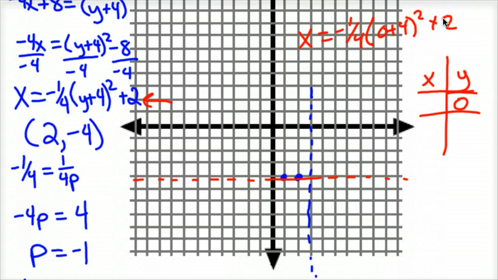Well, that'd be 16. 16 times a negative 1/4 is negative 4, plus 2 is negative 2. And so negative 2, 0 is my x-intercept. And then you could also mirror that. Notice there's 1, 2, 3, 4 to the axis of symmetry, so 4 down, 1, 2, 3, 4. And for the most part, this is what my parabola looks like.